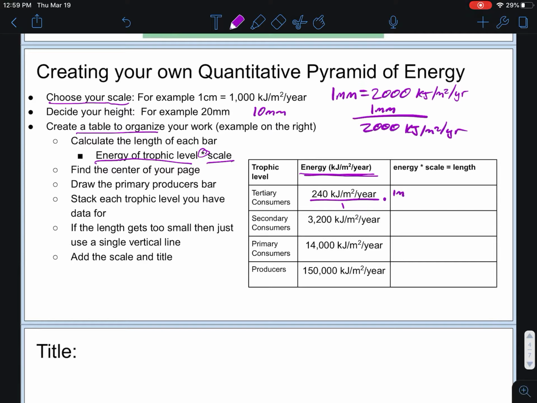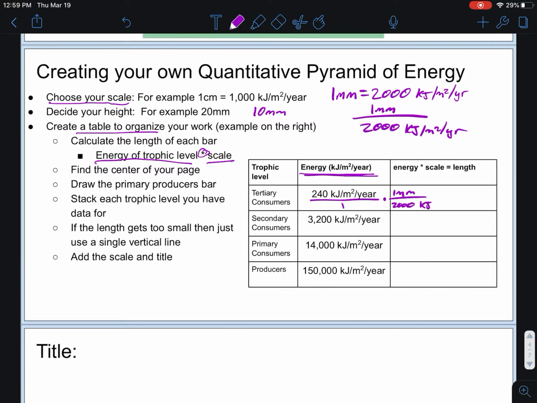So 240 times 1 millimeter over 2,000 kilojoules per meter squared per year. Units cancel. And move the decimal place over 1, 2, 3, and divide by 2. Or use your calculator. You will get 0.12 millimeters.